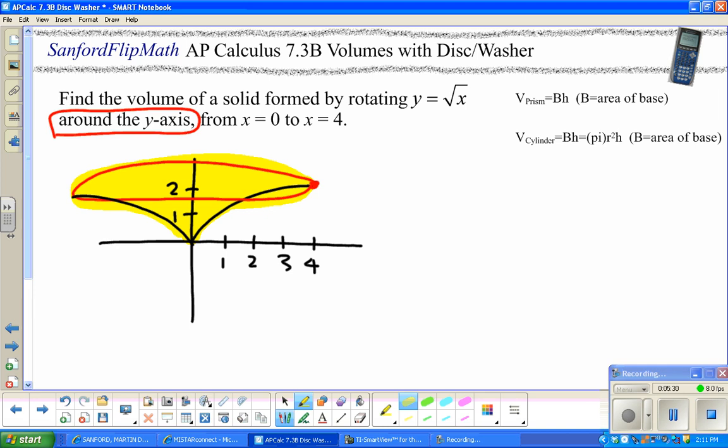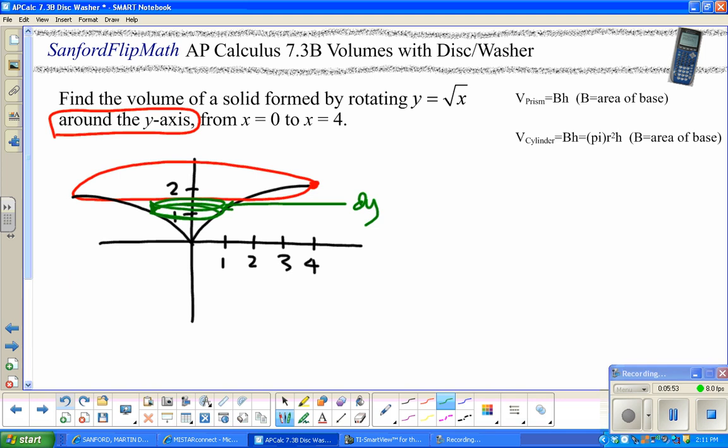Okay, so again, what you want to kind of picture is, as we're thinking about cross sections, again, they are circular cross sections. So we're going to take a slice of this thing. And if the slice is going this way, then that's a dy and not a dx.